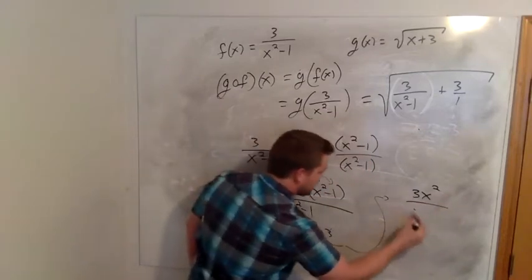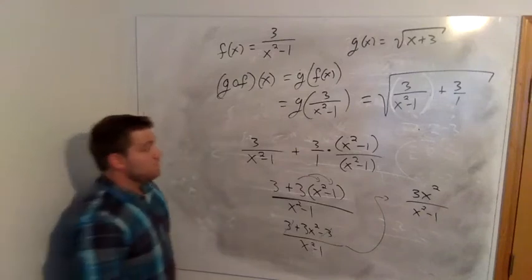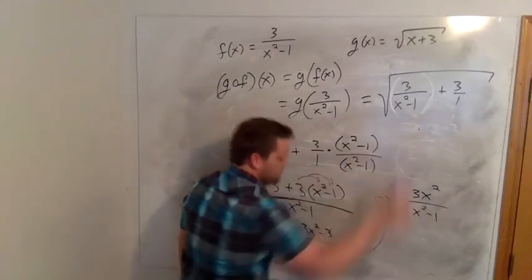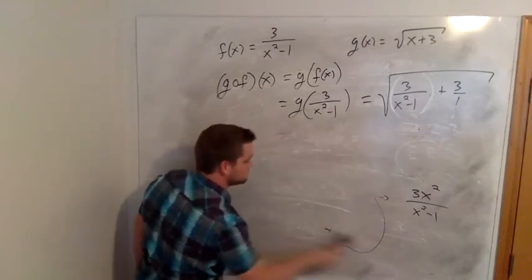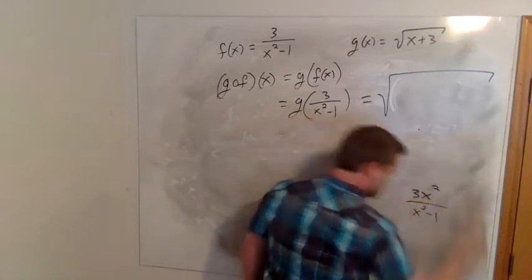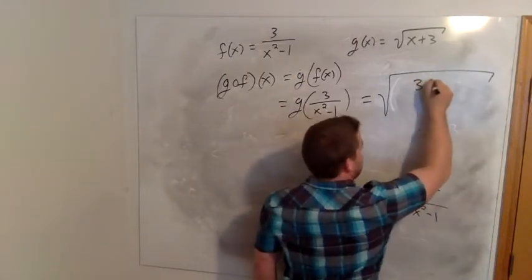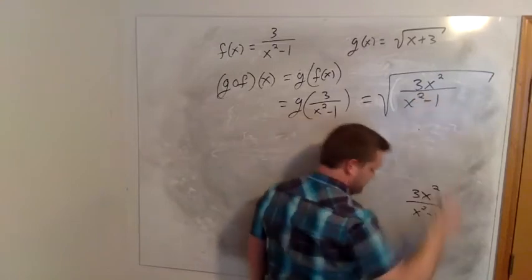Sorry, I'm blocking the board. Okay, so I'm just going to go ahead and replace this up here. So we have 3x squared all over x squared minus 1.